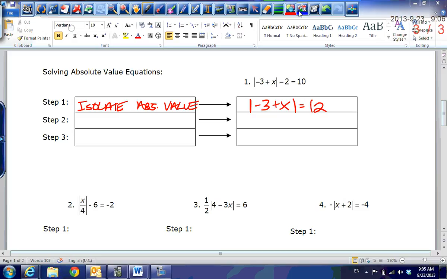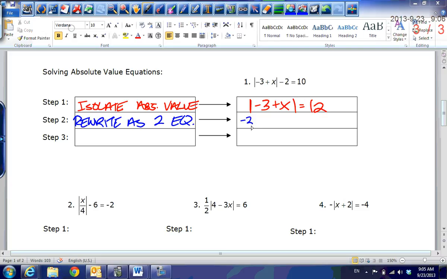All right, our second step is going to be to rewrite as 2 equations. What that means is we're going to rewrite it without the absolute value.